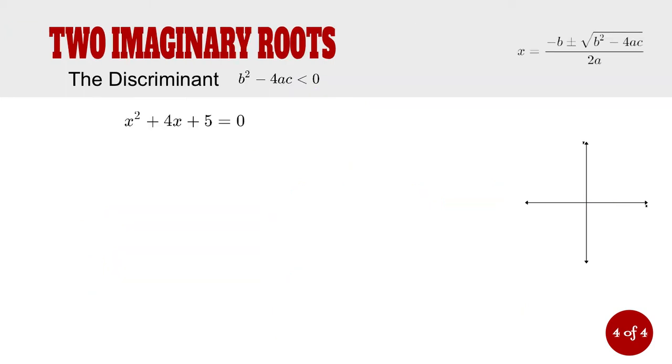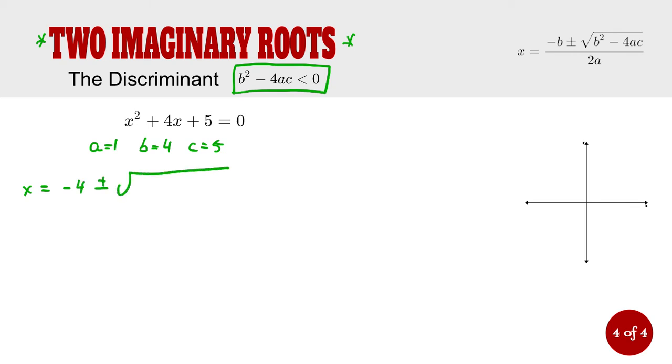Last example, we have a discriminant that will be less than 0, which will result in 2 imaginary roots. Identify A, B, and C. Place them in the quadratic formula. So B squared minus 4 times A times C, all over 2A.